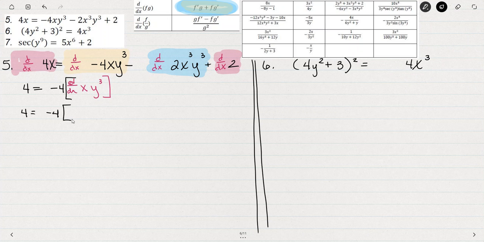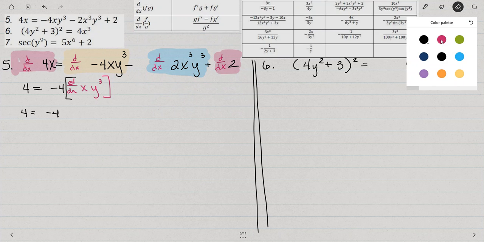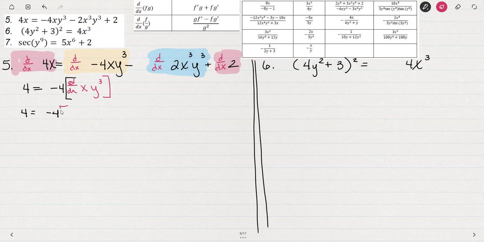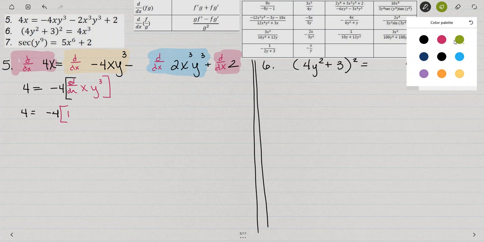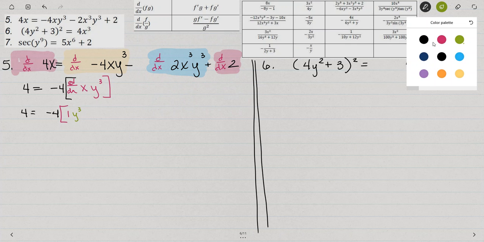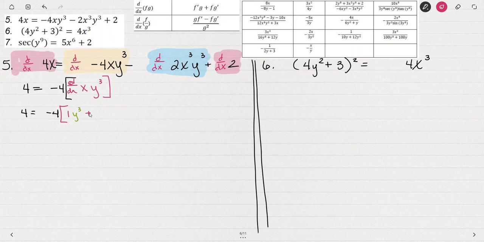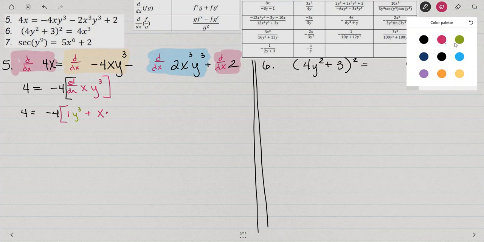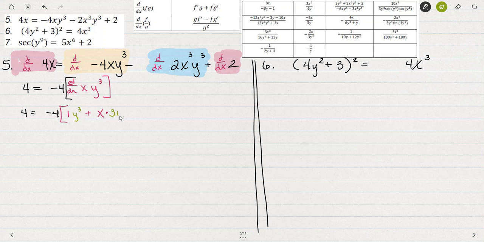When I do the derivative of xy cubed, I'm going to be using this product rule. So we're going to have the derivative of x, which is 1, times the g, so times y cubed, plus the derivative, or times f, which is x, times the derivative of y cubed, which is 3y squared.